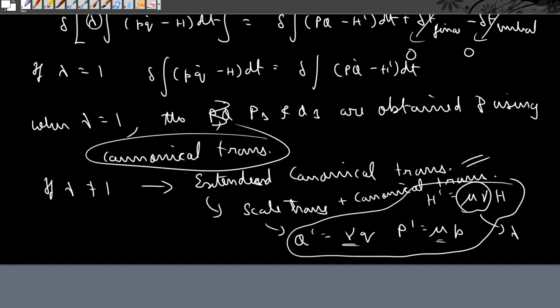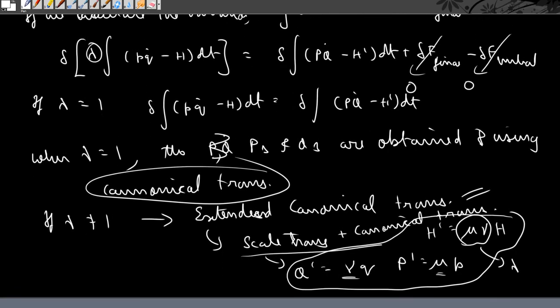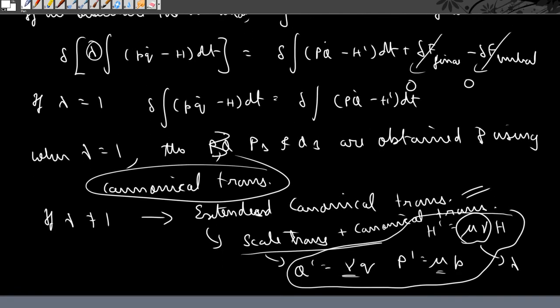So when we do these things in sequence like this, we will have lambda not equal to 1, and this is usually used when we want to convert from one unit to another, like for example from kilograms to grams.